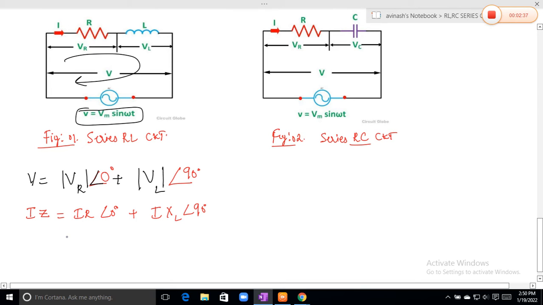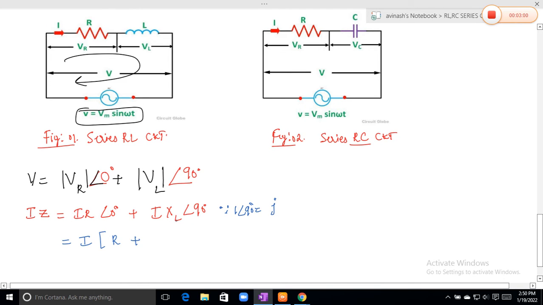Now if you simplify this, what can we take common? R at an angle 0 plus 1 at an angle 90 degrees. 1 at an angle 90 degrees is nothing but the J vector.